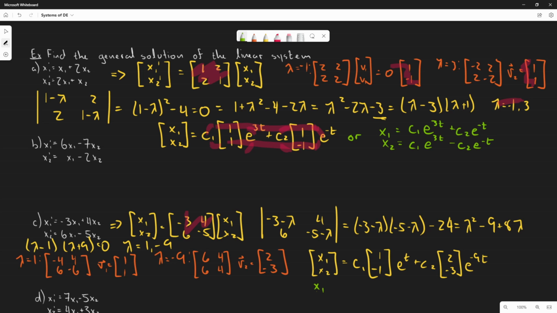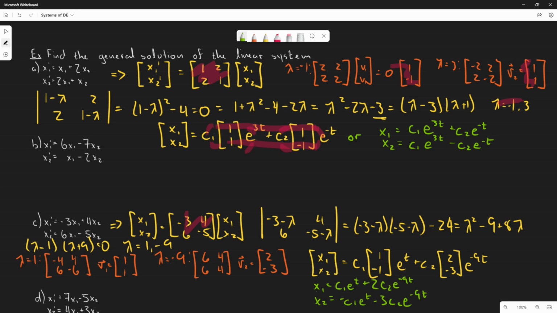Or x1 is equal to c1 e to the t plus 2 c2 e to the negative 9t, and then x2 is equal to c1 e to the t minus 3 c2 e to the negative 9t. So that is pretty much it for these two examples.